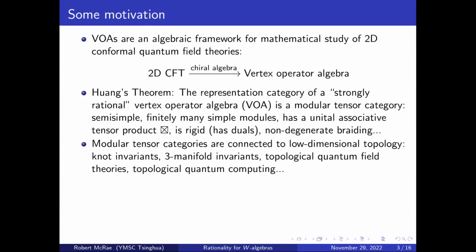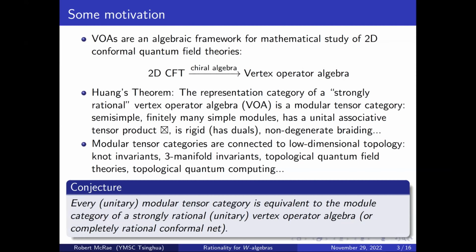So Huang's theorem says that VOAs give you modular tensor categories, and modular tensor categories are interesting because there are many applications in low-dimensional topology, such as knot invariants, three-manifold invariants, topological quantum field theories, and so on. So in that sense, VOAs should be interesting as giving you examples of modular tensor categories.